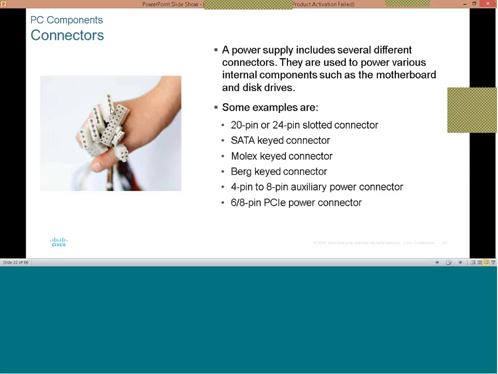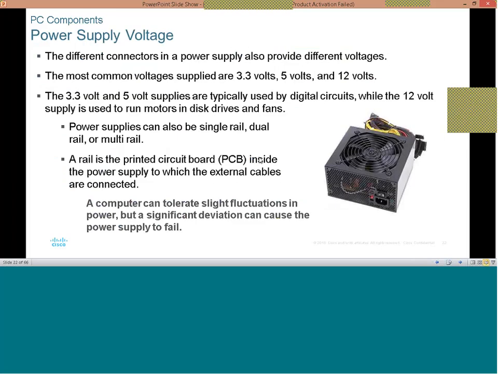For instance, the one next to the 20-pin is SATA, and then we have the Molex here, and then we have a 4-pin. The reason is for us to be able to identify them and show them to our students and say, okay, this connector is meant for that, and then demonstrate to them where that's connected. So the next time they pick up that particular connector, they know the name for it.